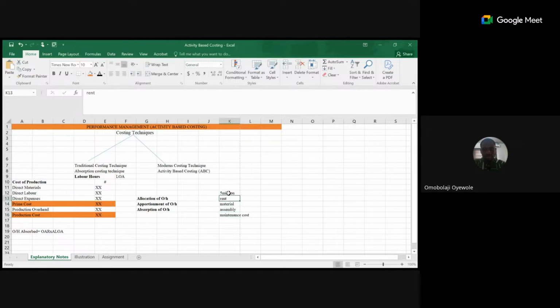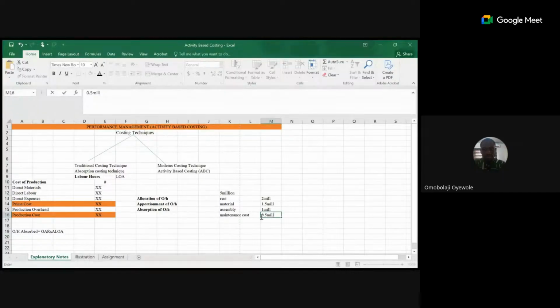Let's say rent is 2 million, material cost is 1.5 million, assembly cost is 1 million, and maintenance cost is 0.5 million.